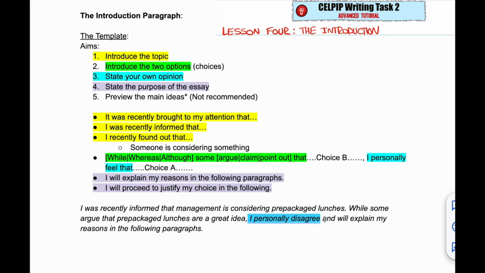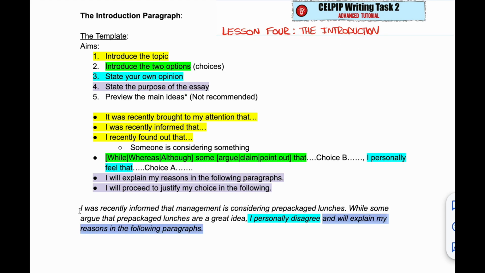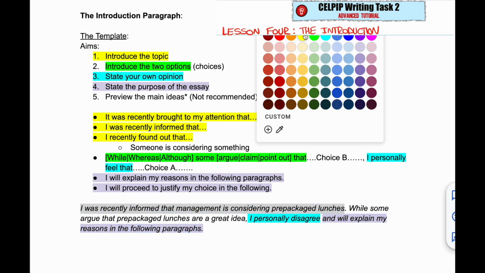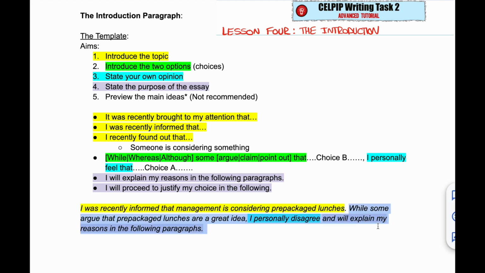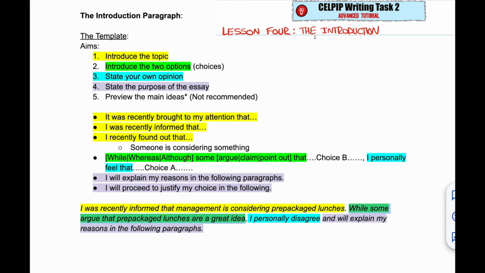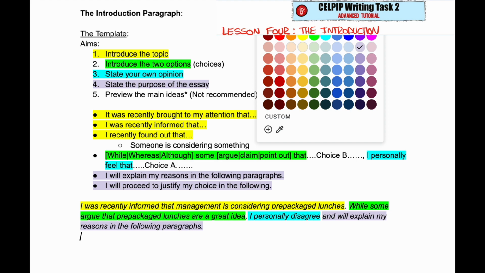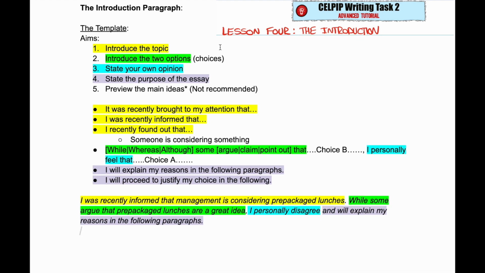But remember, you should only do this for apples and apples questions where the two options are mirror opposites. This technique is only to avoid repetition, and you shouldn't really use it for all survey task types. If you're still not entirely clear on the difference between apples and oranges type questions, go back and watch the first lesson of this masterclass in which I explain the task format and features.